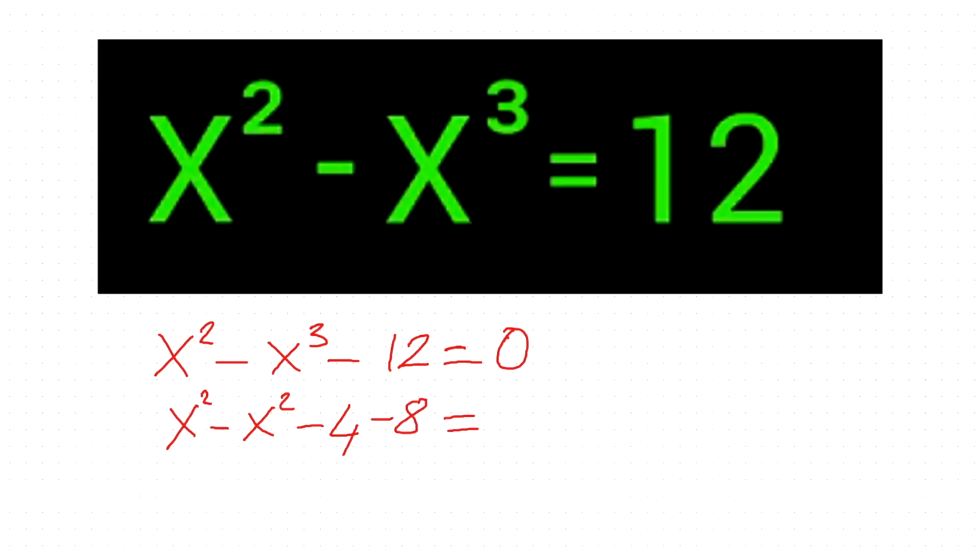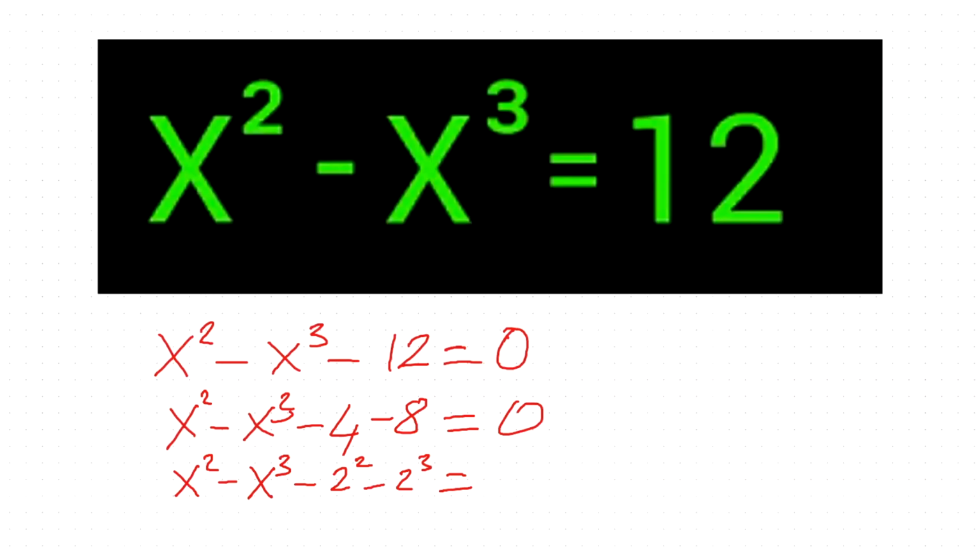So which means x squared minus, this was supposed to be x cubed. Let's fix that. Instead of 4, I'm going to put 2 to the power of 2, and instead of 8, I'm going to put 2 to the power of 3.